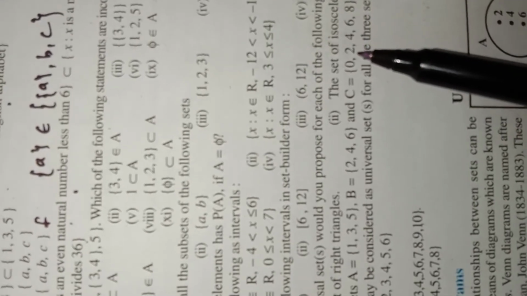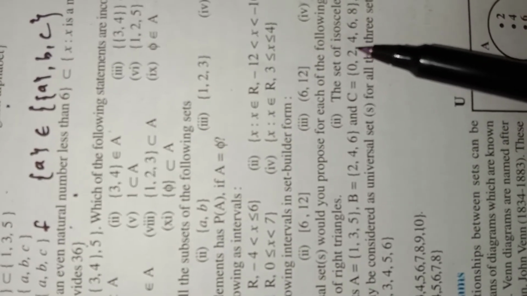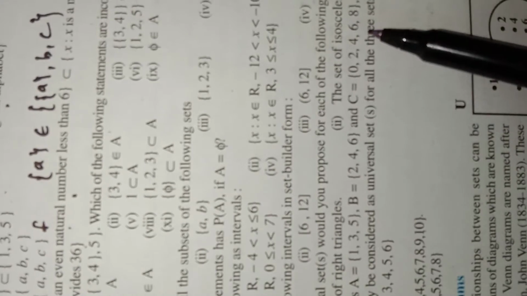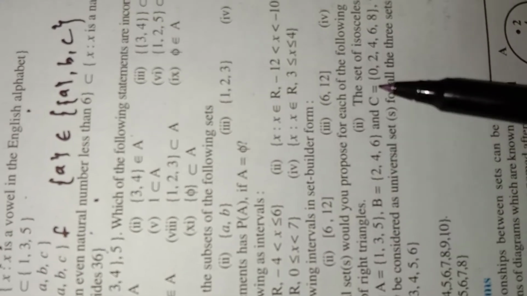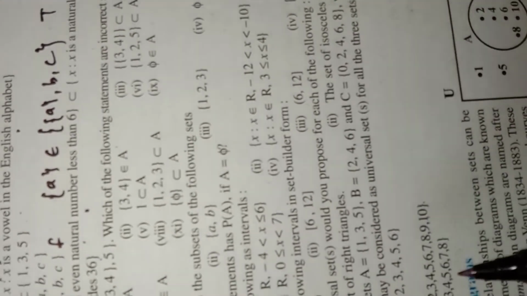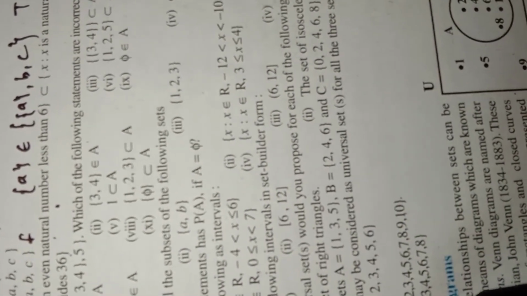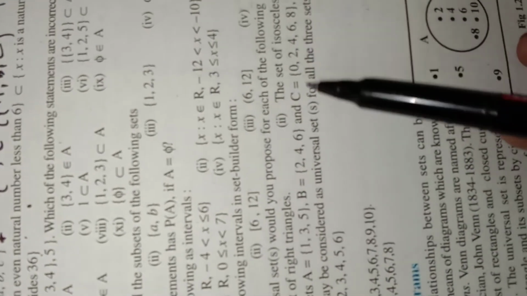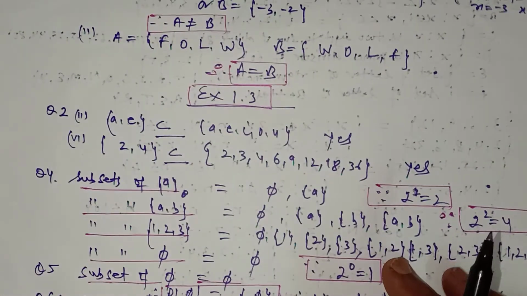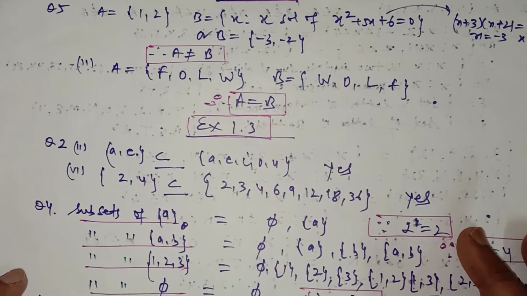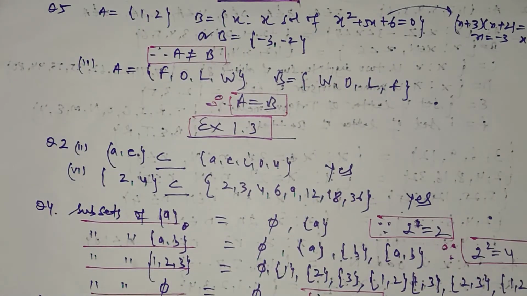The set which contains all the elements of these three sets will be the universal set. So the C part, containing the elements 0, 1, 2, 3, 4, 5, 6, 7, 8, 9, 10, is the universal set for these three sets. Now we know that the universal set is the largest set of which all the sets are subsets.